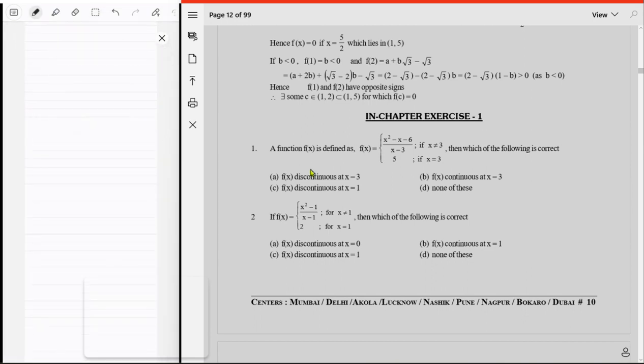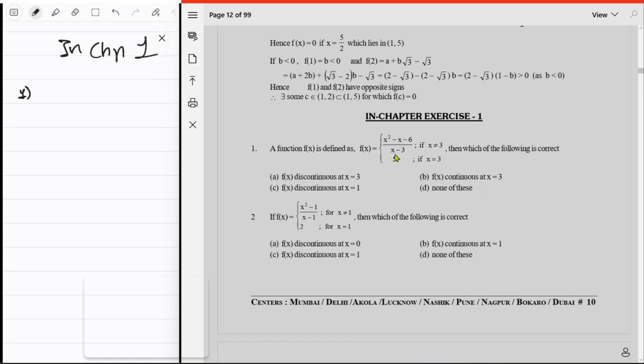Well, let's do the chapter exercise 1. First question. A function is defined as x squared minus 9 upon x minus 3, hmm, so it's x plus 3 when x is not equal to 3 and it's equal to 5 when x is equal to 3.